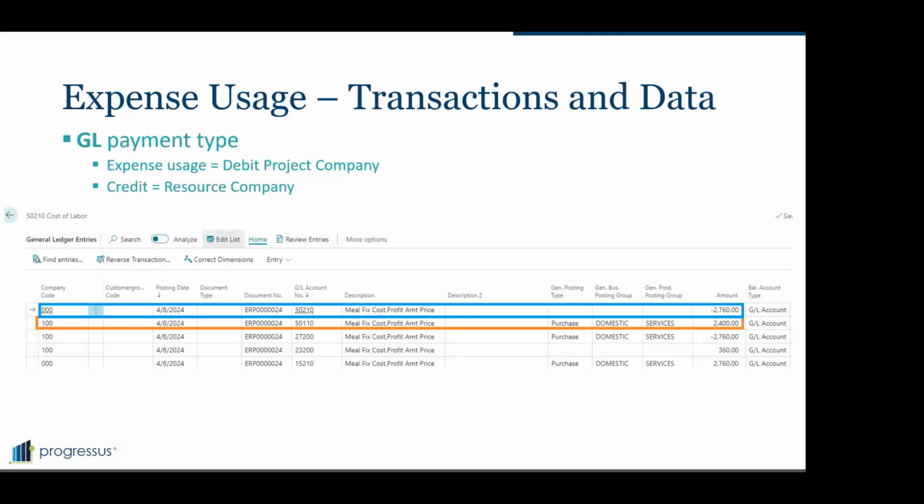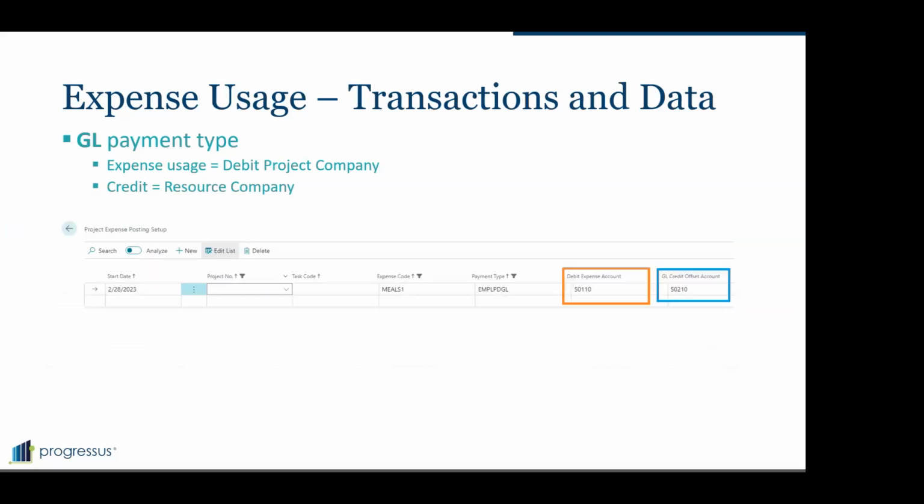In this instance, you can see the debit company of the project was different than the credit company of the resource, and therefore the due to, due from transactions were created. The GL payment type debit and credit accounts are defined in the project expense posting setup.